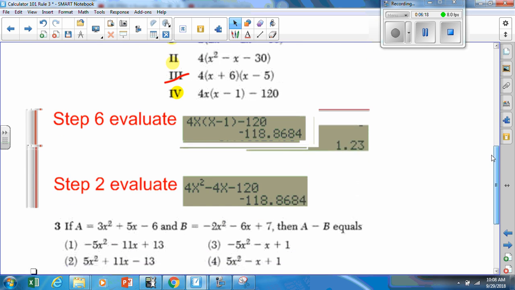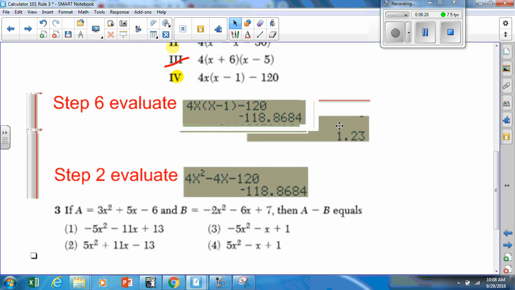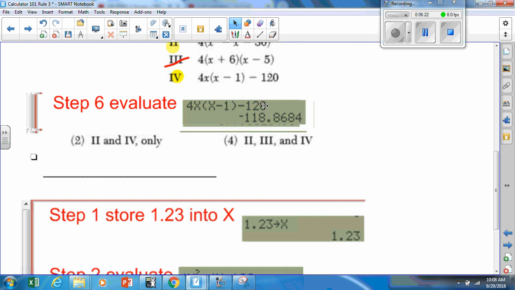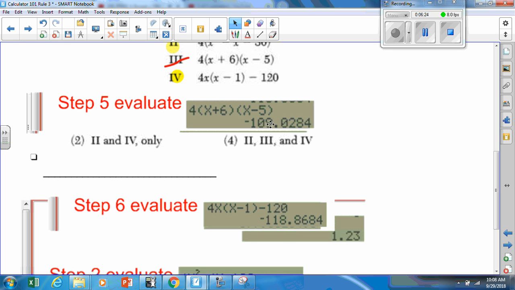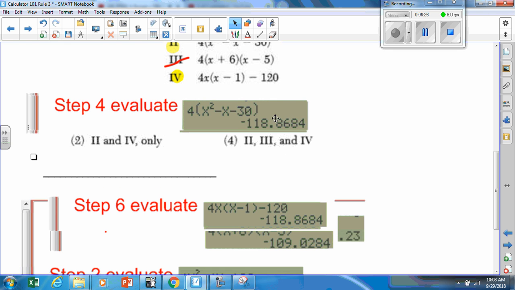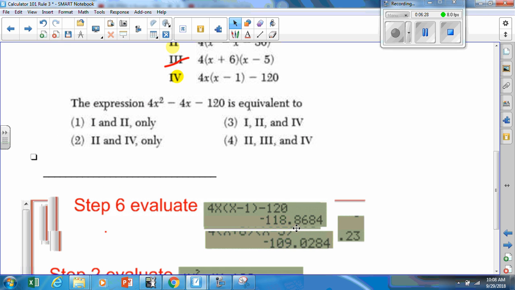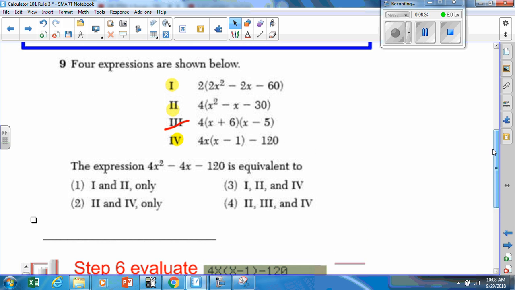We were asked, is it 1 and 2? Is it 2 and 4? Well, we know it's 1, 2, and 4. So we can eliminate 1 and 2. So our best option here is number 3. Number 3 is the correct answer.